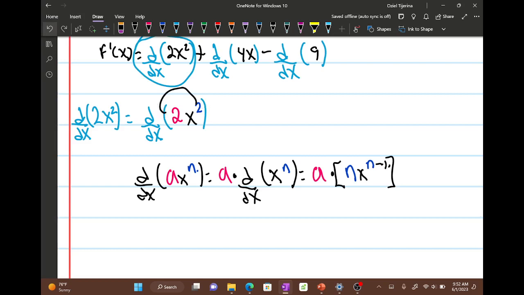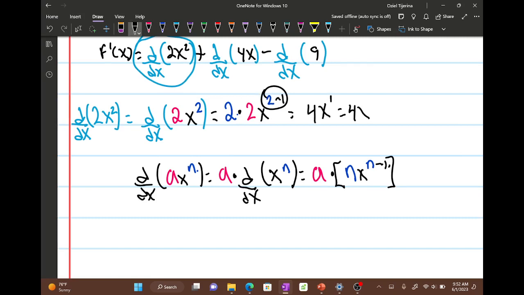So this is going to be 2 times 2x to the 2 minus 1. So this is equal to 4x, and 2 minus 1 is just 1, so that's just 4x.